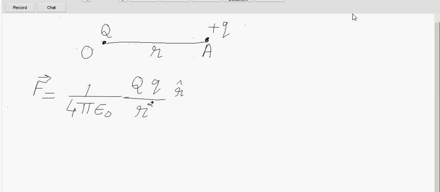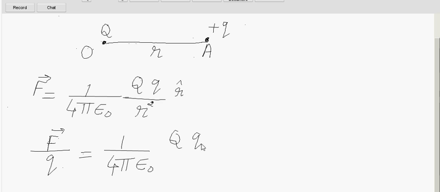So electric field is nothing but F by q, force per unit charge, which is 1 by 4 pi epsilon naught into Q by r square into unit vector r. So this small q will get cancelled. Force per unit charge is nothing but electric field.